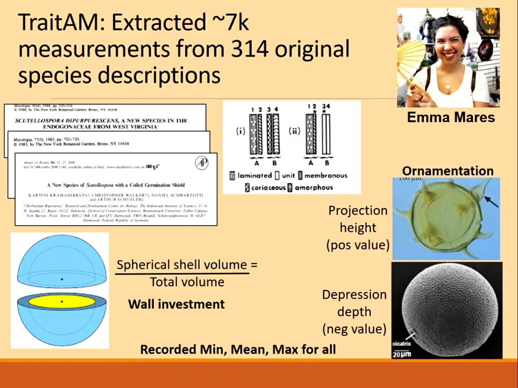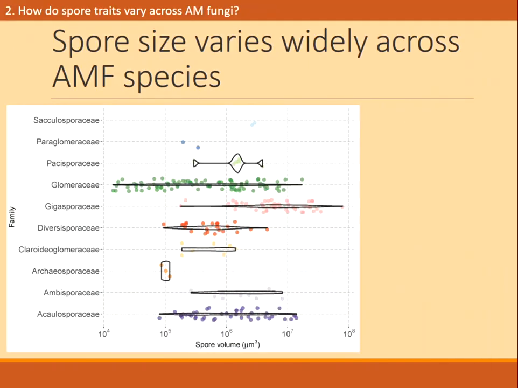For ornamentation, we have heights of all of the projections, which would be a positive value. And then if the spore happened to have depressions, then we measured that ornamentation as a negative value. And then we recorded minimum, means, and maximum values for all measurements.